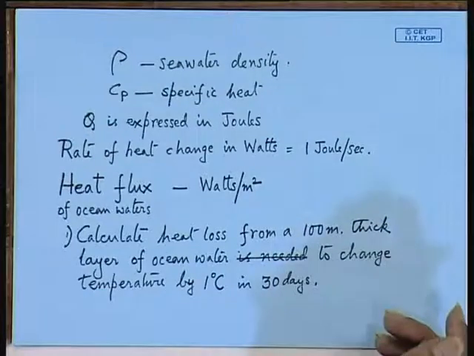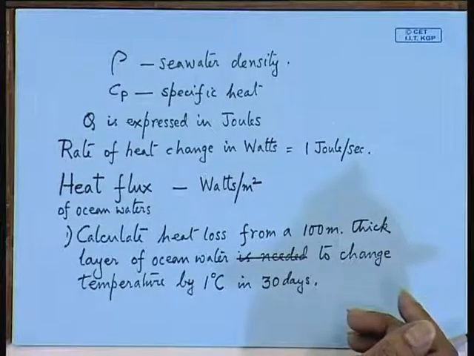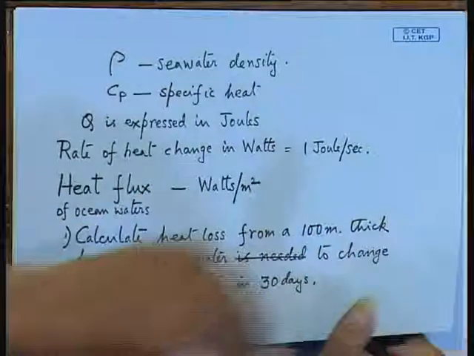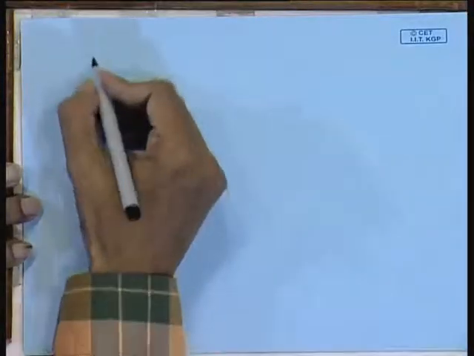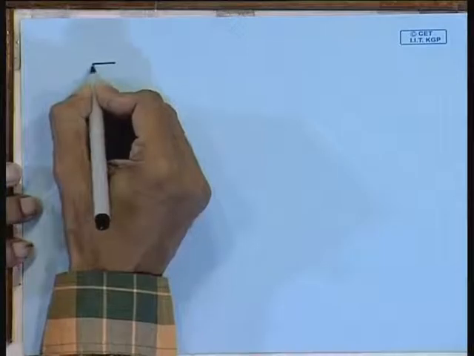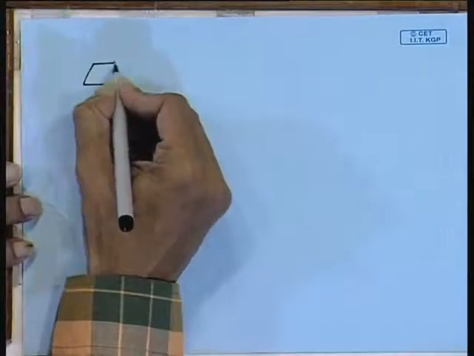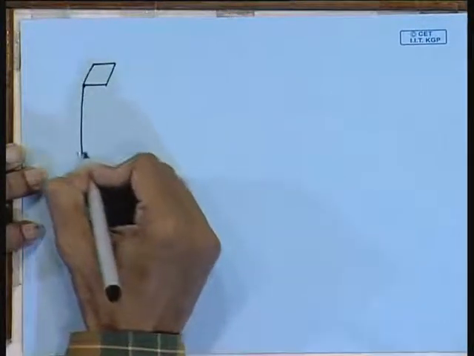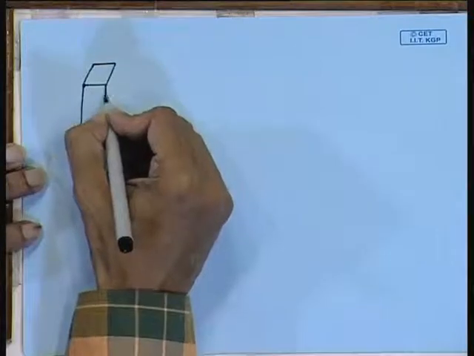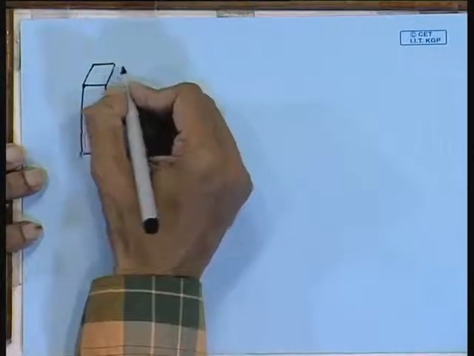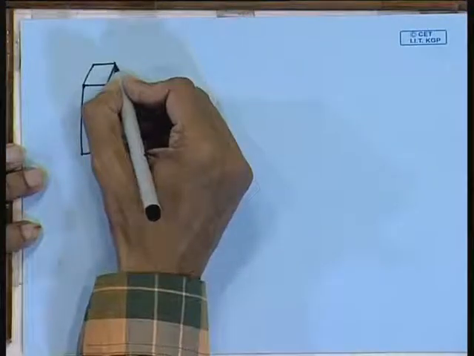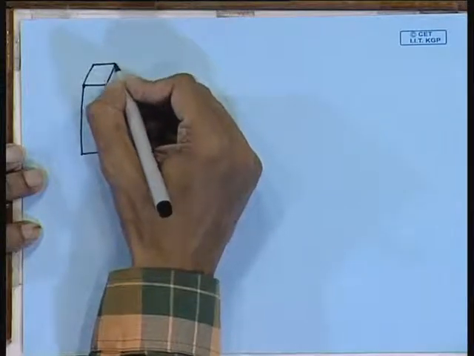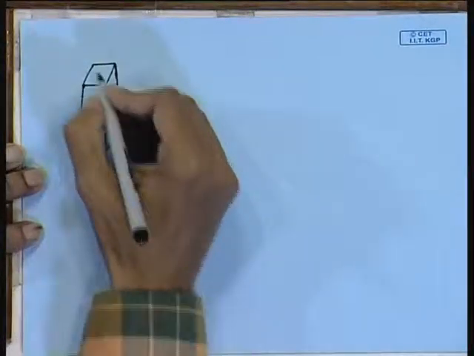Now you use the previous equation. First you calculate this. So let us have a graphical look at the volume of ocean water. So how much is the depth? So depth is 100 meters, and we have to calculate over this. Heat flux, what are the units? Units is given in watts per meter square.